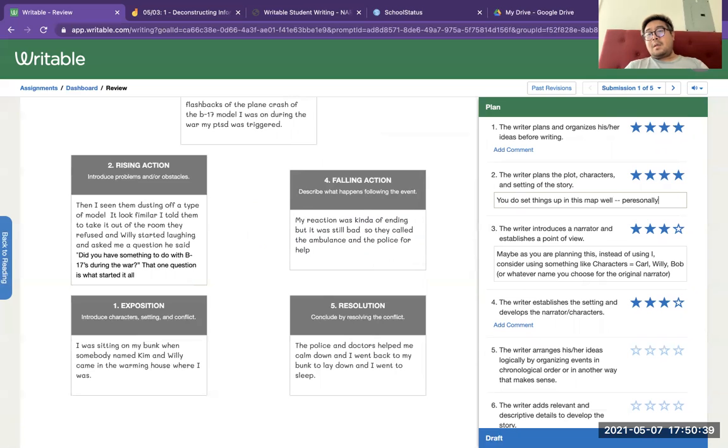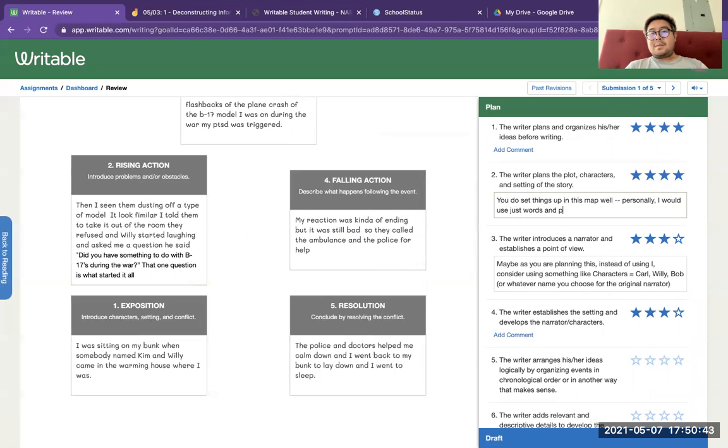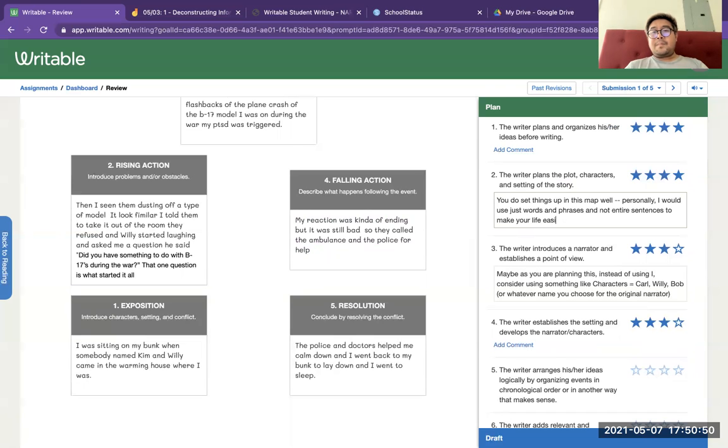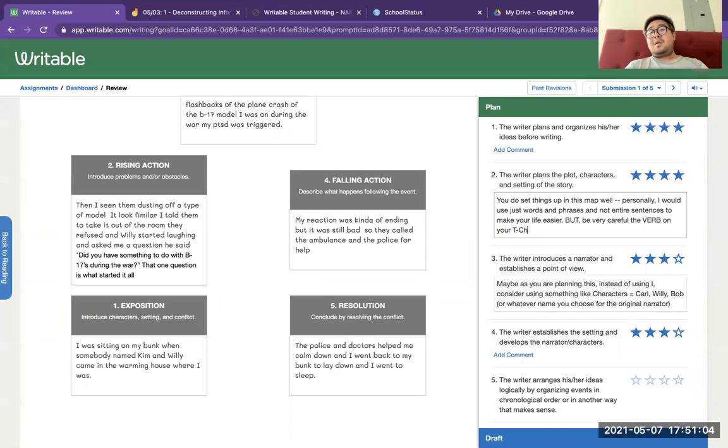Personally, I can't spell right now. Personally, I would use just words and phrases and not entire sentences to make your life easier. But be very careful. The verb on your T chart is retell, not change.